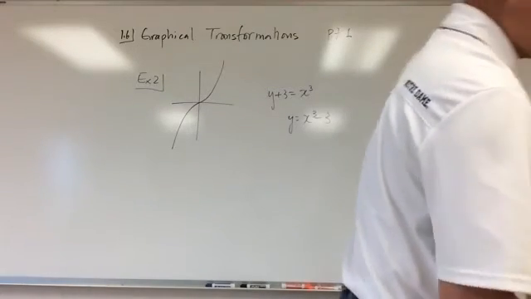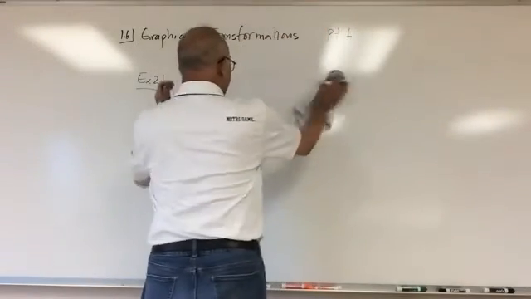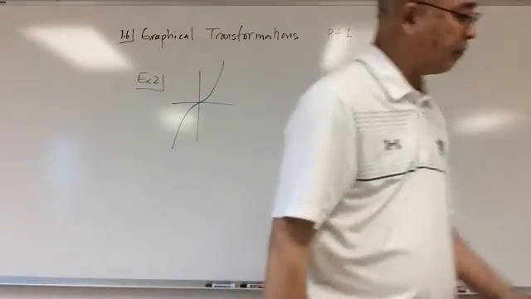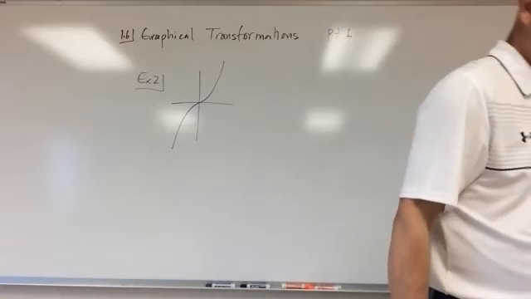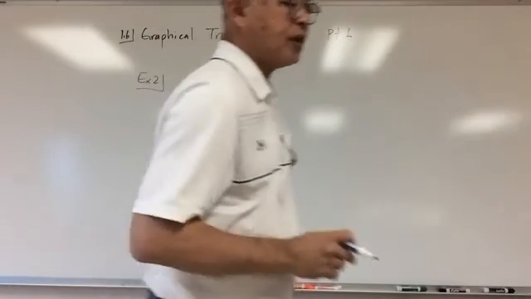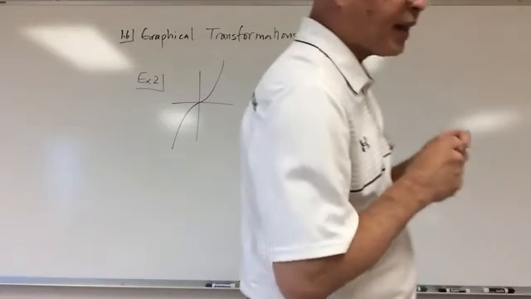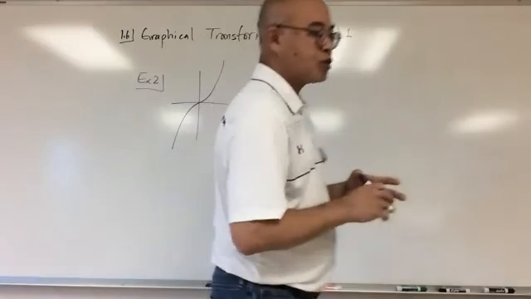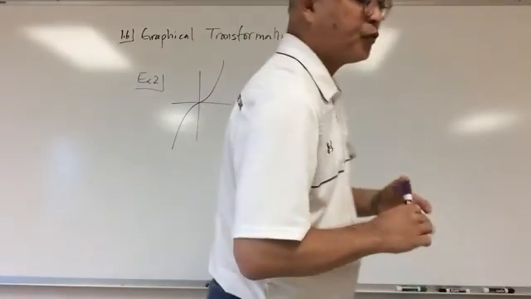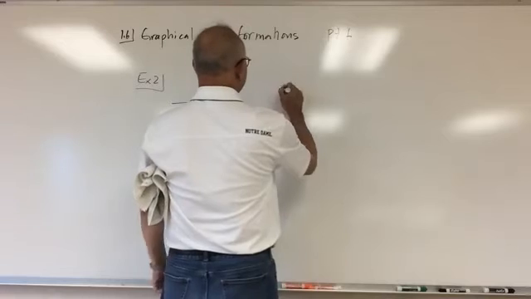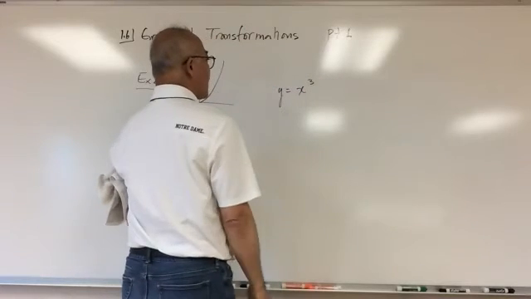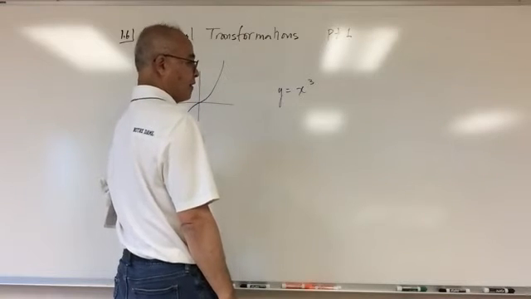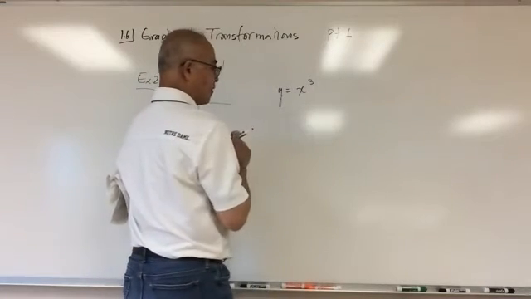And then in B, what did we do? Did we move it horizontally or vertically? Sam? B, what did we do? In example number 2, if I start from the red dotted line and I go to the blue line, what did I do? Well, you moved it horizontally. Which way? To the left. So I'm going to start with this, and I'm going to move it to the left. So where x is, I have to put what?